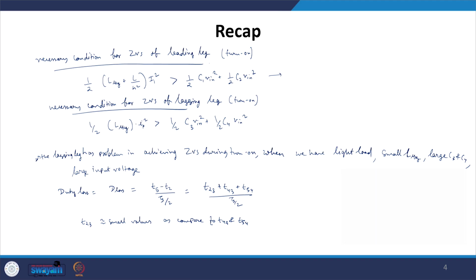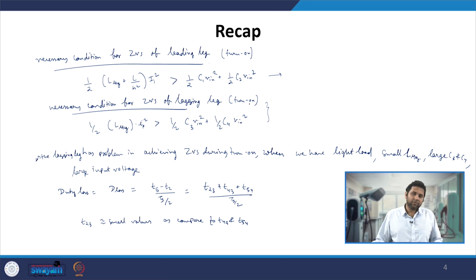So this ZVS turn on may not happen at light load conditions, or generally when you have smaller leakages, a good amount of larger value of C3 and C4, and larger input voltages.